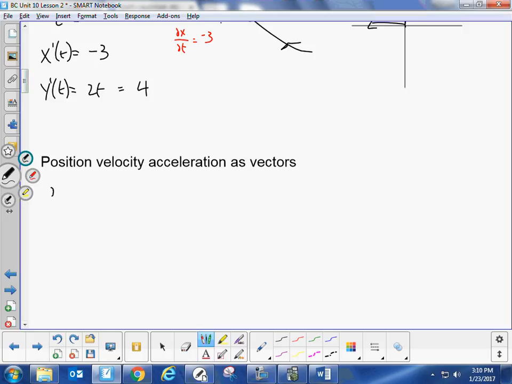We'll start with position. We have been writing position as an x of t and a y of t. We can consider this vectors for position. It's really location, but you can say it's like a displacement from an origin. Other notation for vectors are these brackets that are straight lines.